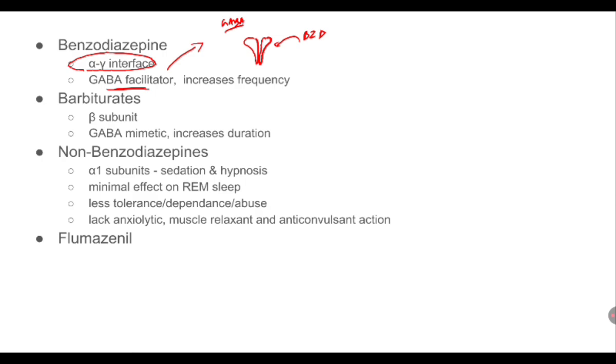It can only open this channel in the presence of GABA. Like they facilitate the GABA to bind to this receptor and open this channel. Alone, they have no action.